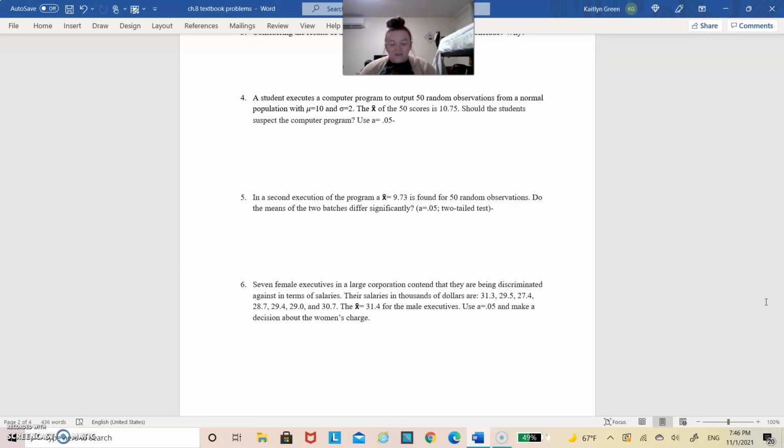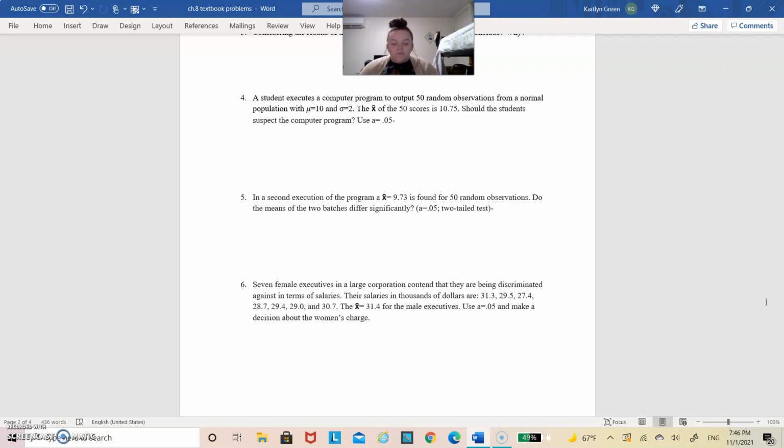But so then we put that value in our correct z equation of x bar minus mu divided by sigma x bar, to get 10.75 minus 10 divided by 0.28 to get a z-cal of 2.65. I apologize again for getting the questions mixed up.